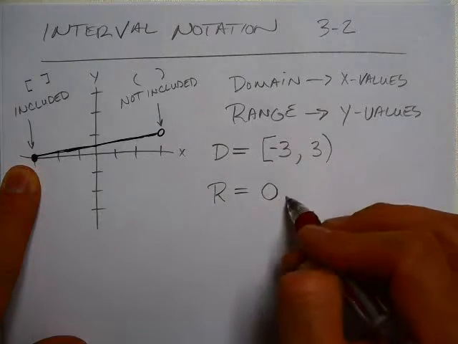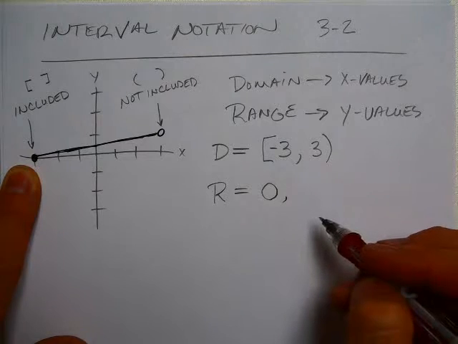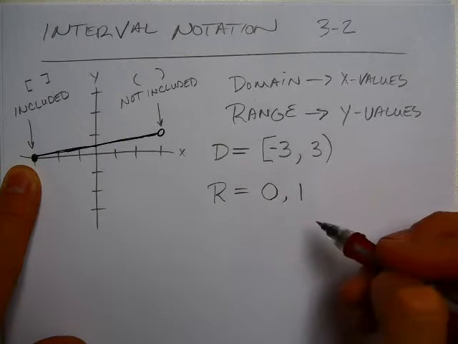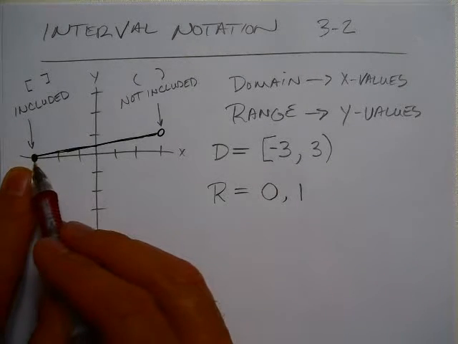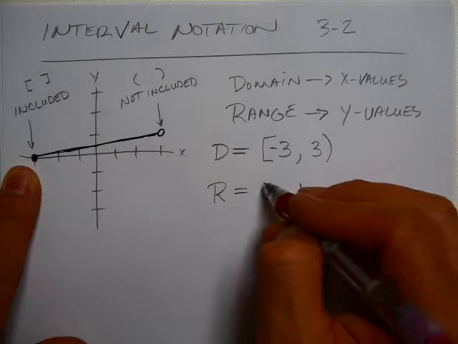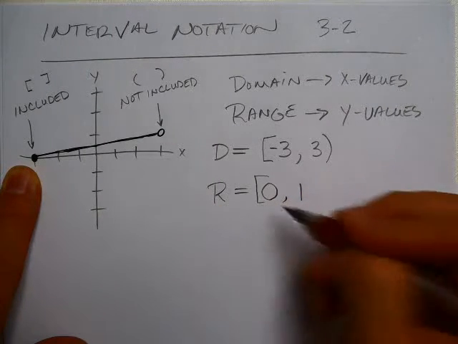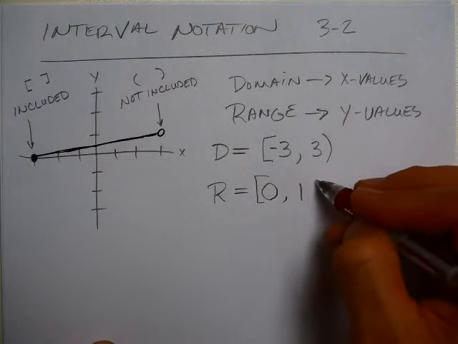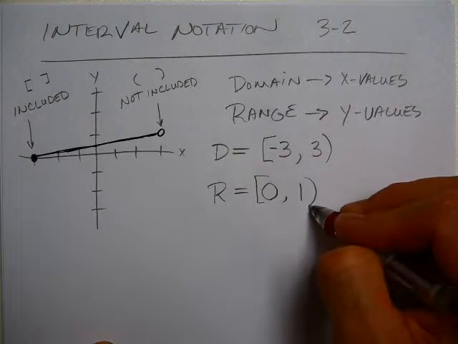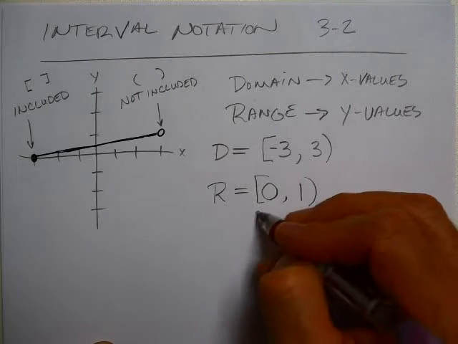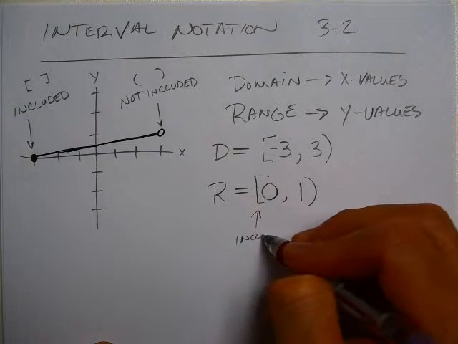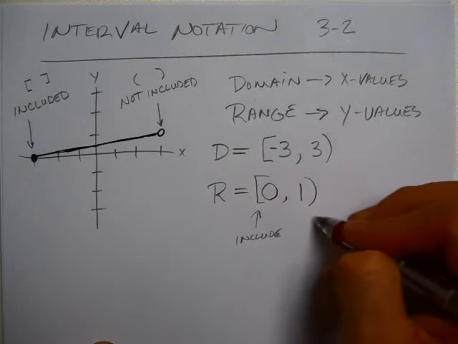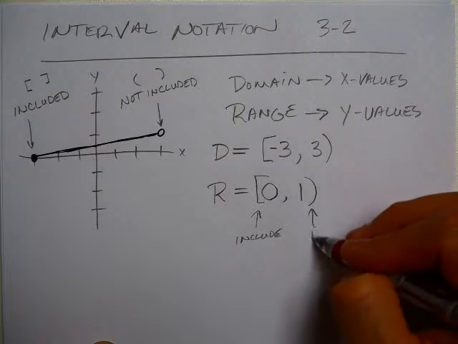And what's the largest y value? 1, yeah. Is the 0 included? Yes, it is. Is the 1 included? Correct. So, included, excluded, or not included?